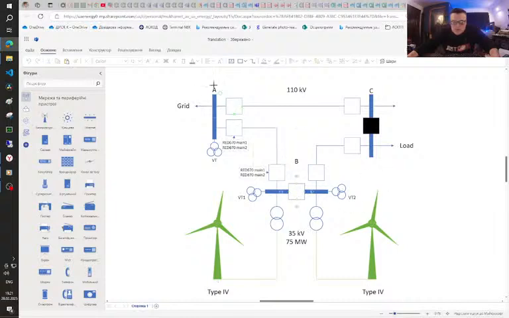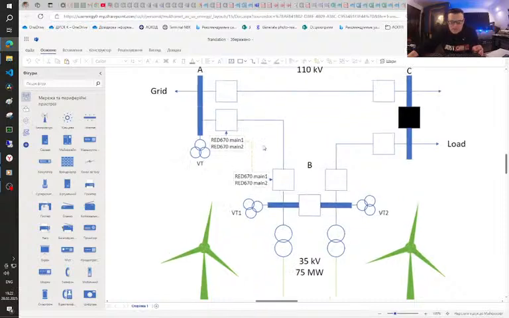Usually it's connected to the grid by two lines, but in this case power can only go to the grid through one line. And one more moment: on this substation C there is a lot of load. So we have three 110 kilovolt substations, A, B, C, and this primary scheme.